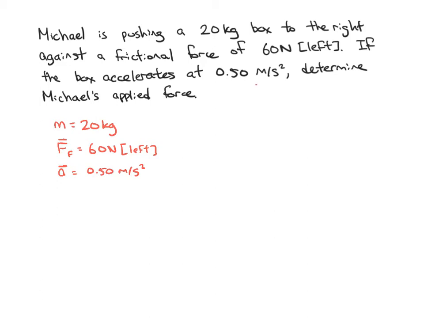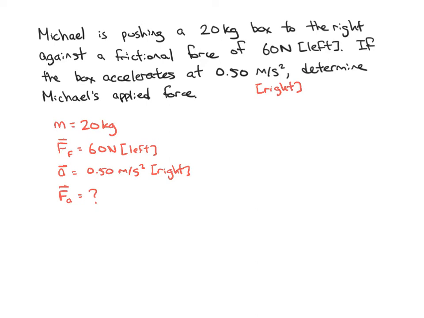So I'm going to throw that back into the question. Sorry about that. Okay, we're going to say the acceleration's towards the right. Okay, and then it says determine Michael's applied force. I'm going to add that to my list as well as a question mark. So FA equals a question mark.